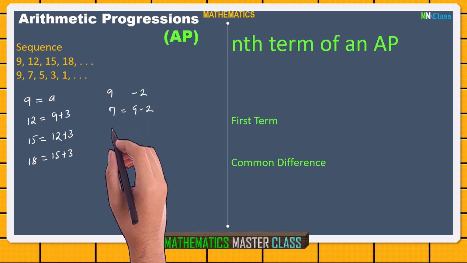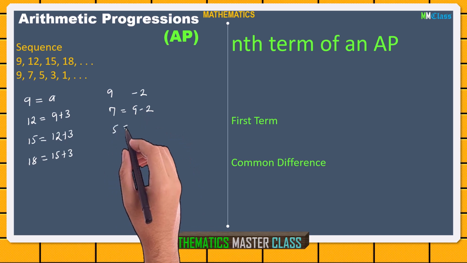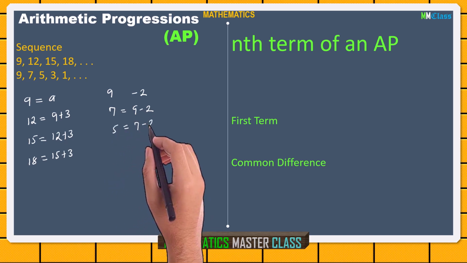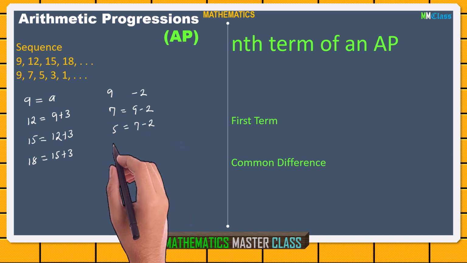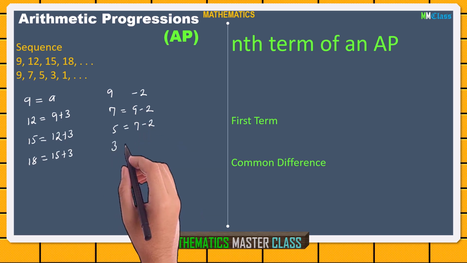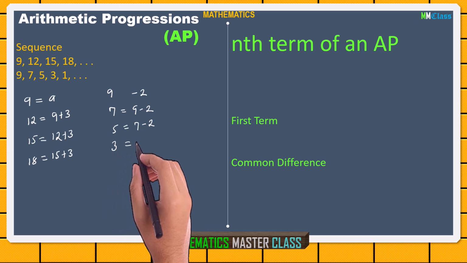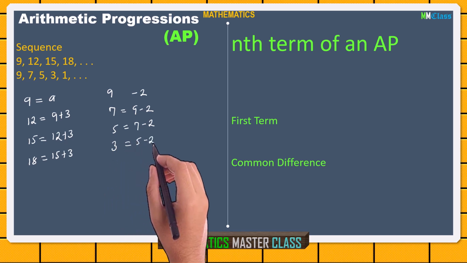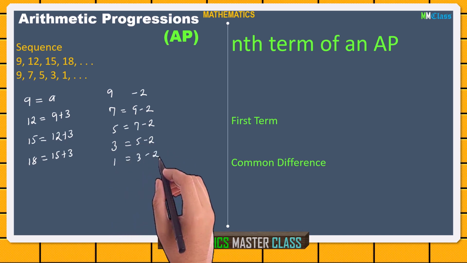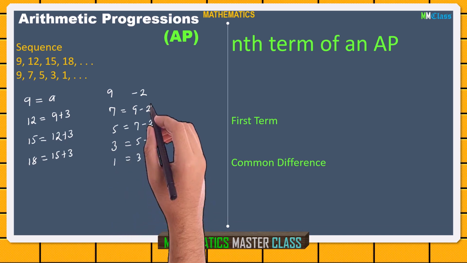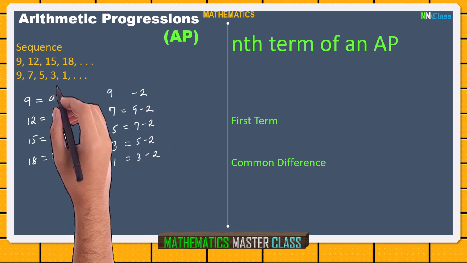To get the third term 5, it will be 7 minus 2. To get 3, it will be 5 minus 2. And the last one, which is 1, it will be 3 minus 2. So you can see this 2 is constant between the terms.